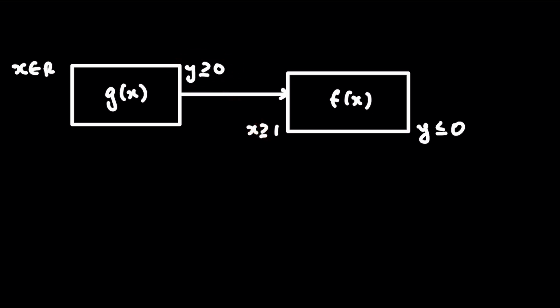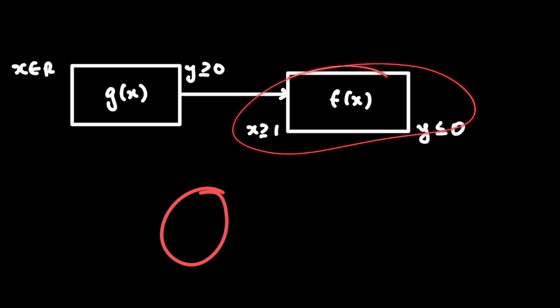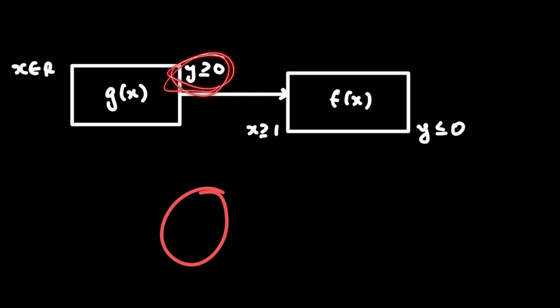And that number would be 0. We know that 0 is allowed to leave the first machine, because that fits the range. But we know that only numbers where x is more than or equal to 1 are allowed to actually enter the second machine. So now there's a little dilemma. Poor little 0 can't actually enter the second machine, so we need to change the rules as to what numbers can leave the first machine.